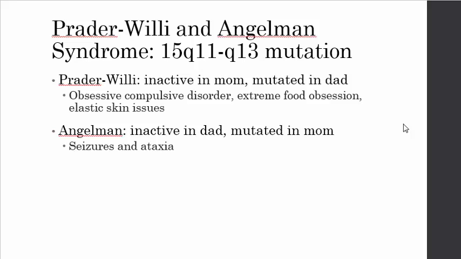So Angelman syndrome, the second one on here, and I'm sorry that has the red underline, it's going to drive me nuts. Angelman syndrome is the exact same mutation, but in this instance, you get the mutation from mom. And that particular section is inactive in dad. So patients with Angelman syndrome, they don't have the obsessive compulsive disorder so much as they have a lot of brain symptoms, seizure, ataxia, so really jerky movements.